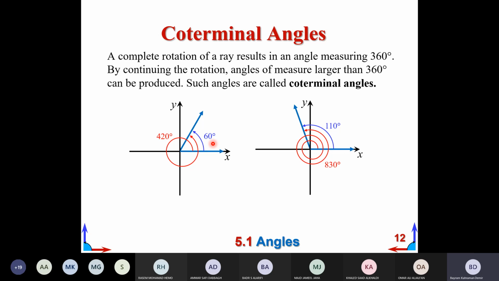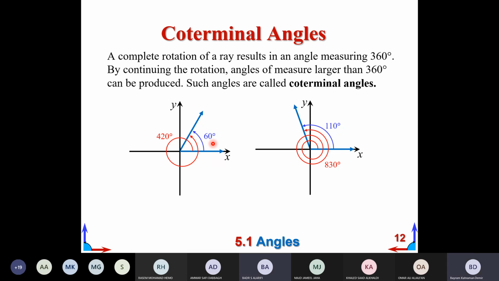So it looks like this is the idea to find another angle. When I give you a certain angle, what you need to do is add 360 or subtract 360, depending on the question. You see? Now, if I give you 830 degrees, Shabab, how do you find the 110? Well, subtract 720.